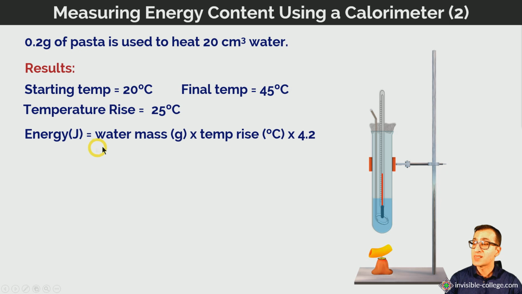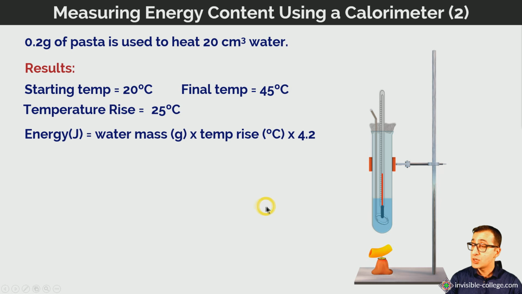So this is essentially the same equation, but in this case we are measuring the mass in non-standard units of grams rather than kilograms. The specific heat capacity of water in joules per gram per degree centigrade is 4.2 joules of heat energy required to raise the temperature of 1 gram of water by 1 degree Celsius. And so this is the equation that we're going to use.